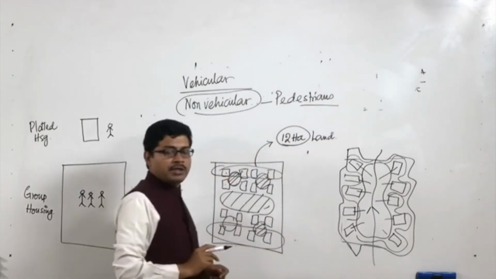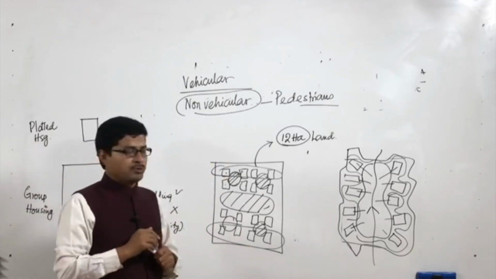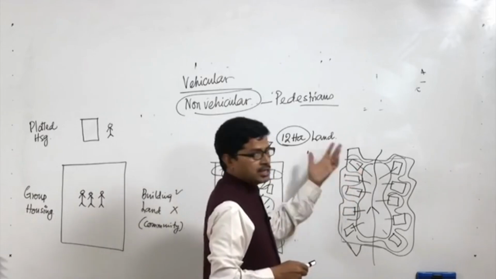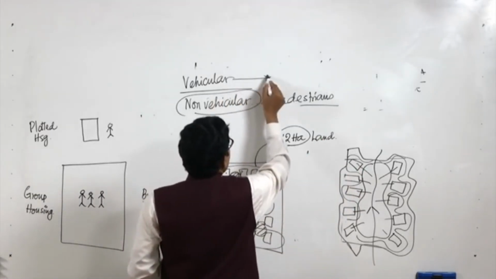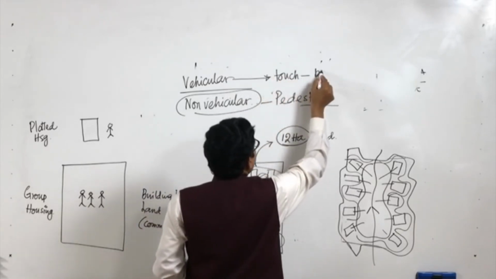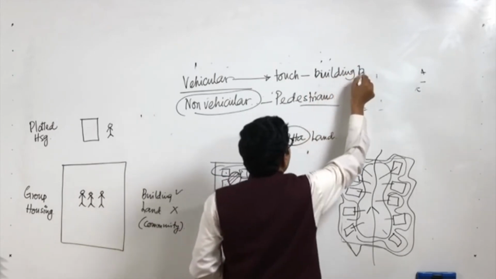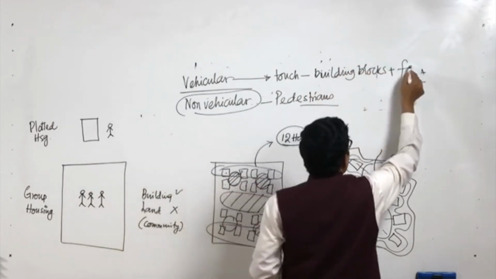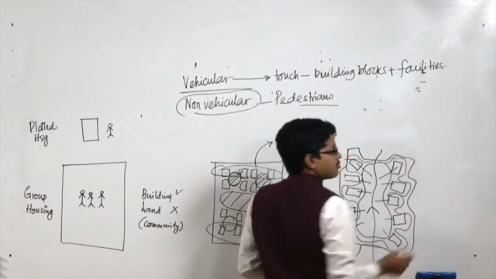So pedestrians should be given the opportunity to move freely along the open space, beside the buildings and all the facilities area, whereas the vehicular movement should touch the building blocks and facilities and also parking areas.